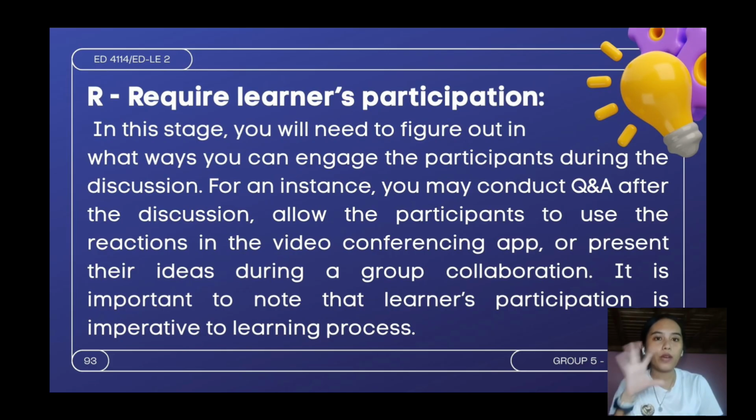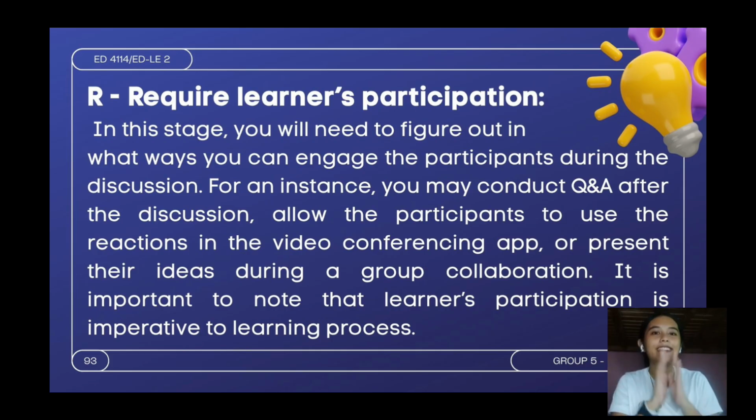So these ways include conducting Q&A, question and answer after the discussion. Allow the participants to use their actions in the video conferencing app, or even present their ideas during a group collaboration. So these ways help them to be engaged, apply, share, and make use of their learnings.